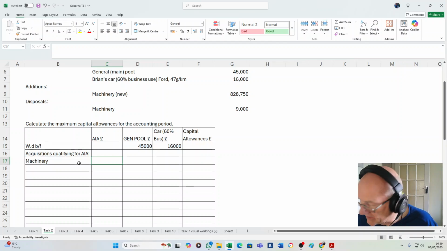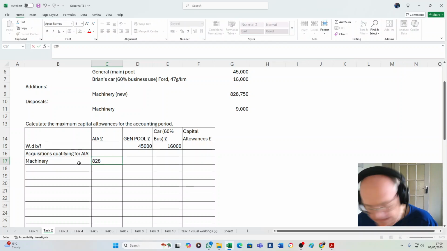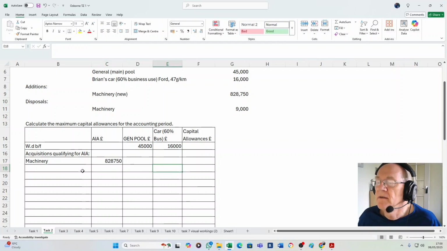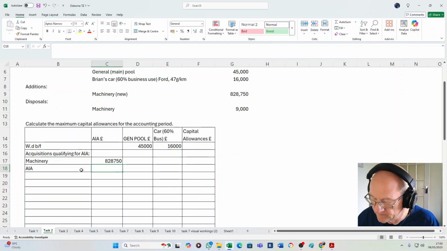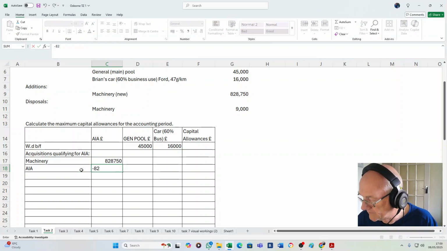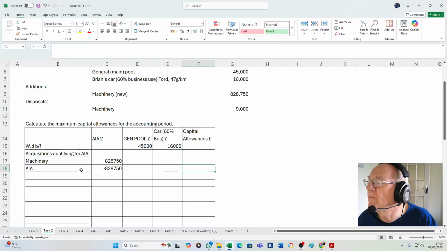So the cost of the machinery was 828,750. And we're taking off the whole amount, and therefore claiming it.